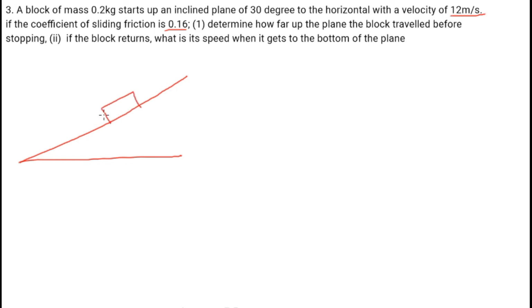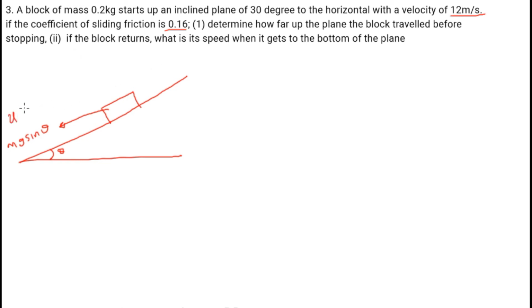This is the object. Naturally it will slide down the inclined plane with mg sine theta. At an angle of 30 degrees, angle theta, the object is moving up the inclined plane with an initial velocity.